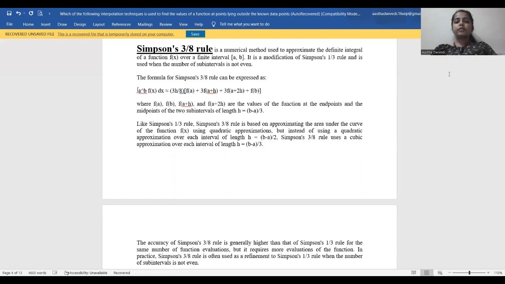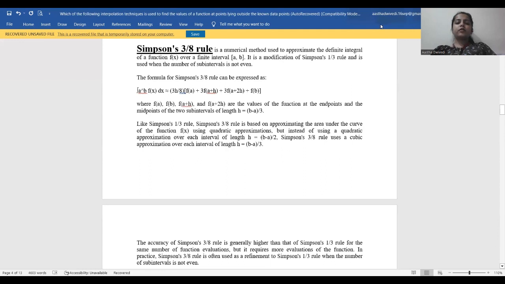The formula for Simpson's 3 by 8 rule can be expressed by this, where f of a, f of b, f of a plus h and f of a plus 2h are the values of the function at the endpoints and the midpoints of the subintervals of length h, which is equal to b minus a divided by 2.